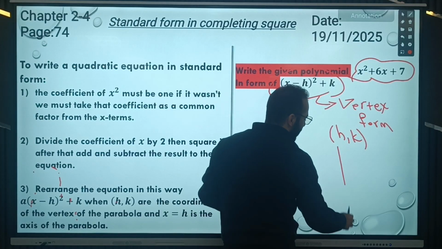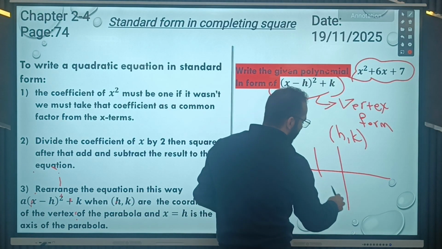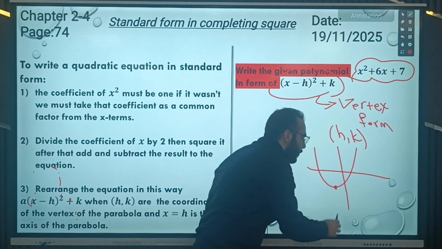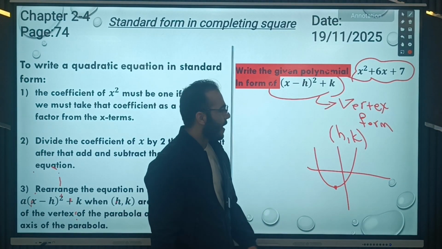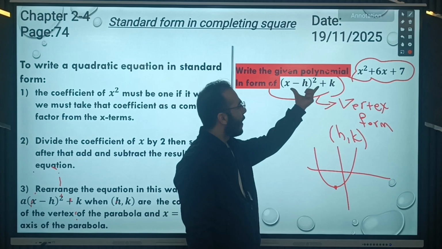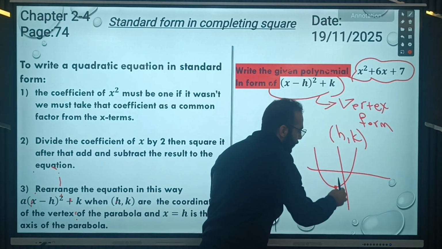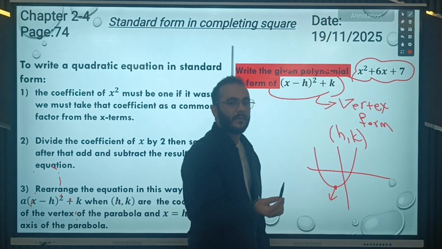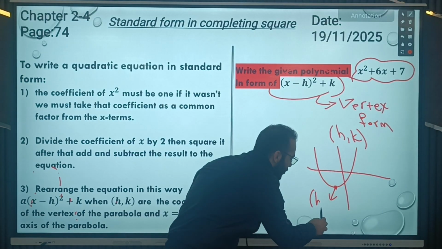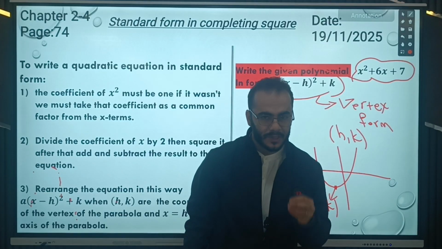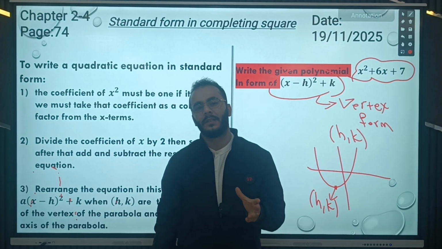Imagine a quadratic equation is like this, so this point is called the vertex. That's why we call this form vertex form, because it gives us the location of that point, which is h and k. So by knowing h and k, you can easily graph a quadratic equation.